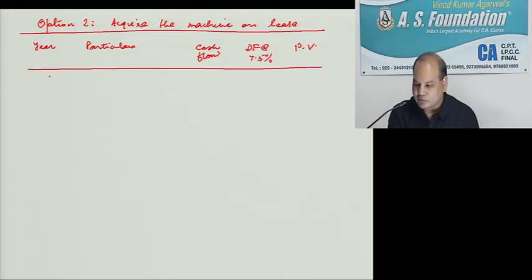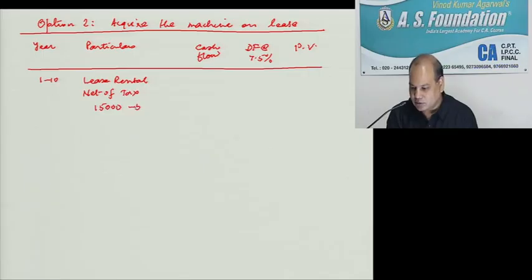And for years 1-10 write down. Particular column will be lease rental net of tax. Lease rental is how much? 15,000, and you'll get 50% tax shield on that. So effectively you will be paying 7,500 only.